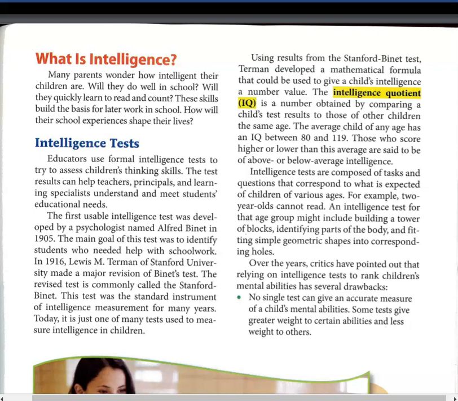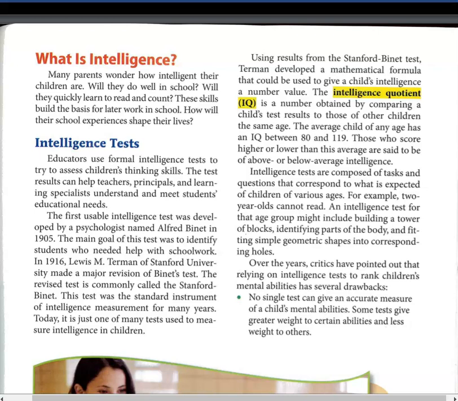The questions in this test are age based. The idea is you're asking questions based on what that child should know at that age. So the number really shouldn't change, and the average child will have an IQ somewhere between 80 and 119.